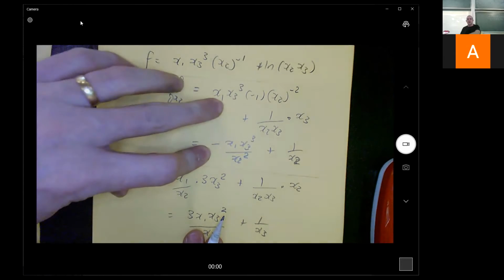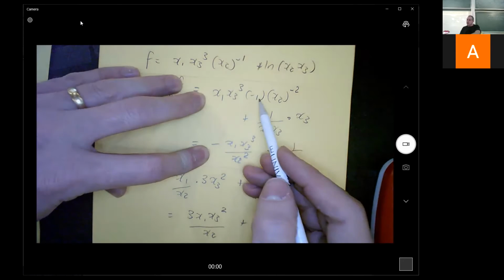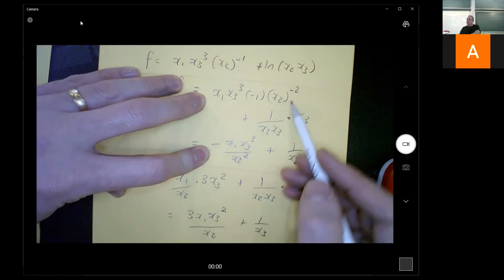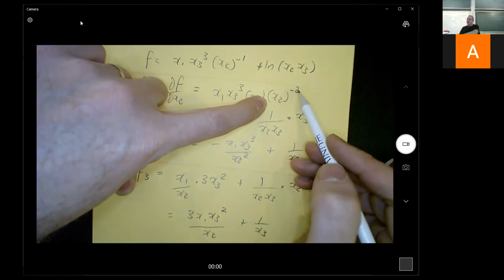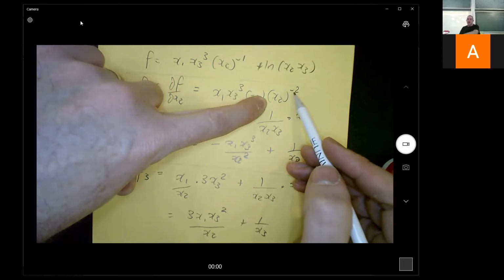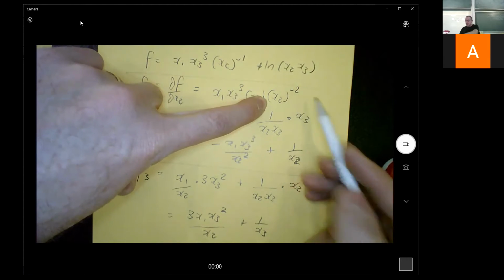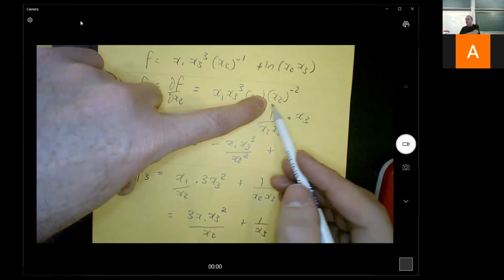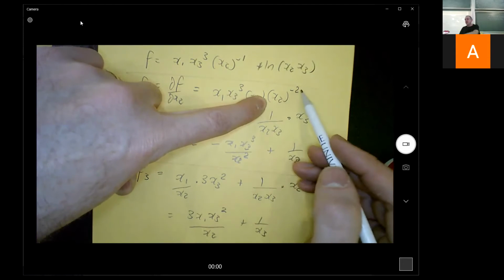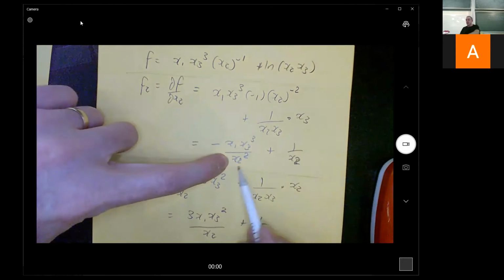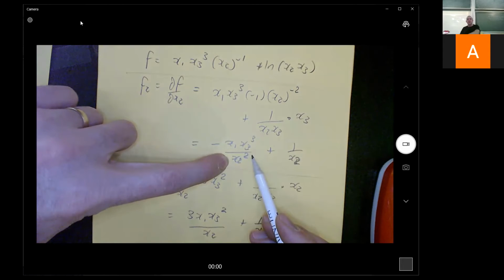Oh, here. Yeah. So this is all multiplied together. And x2 to the negative 2 is the same as 1 divided by x2 to the plus 2. Oh, okay. And so, yeah, multiplying by something to the power of negative 2 is the same as dividing by that thing to the power of positive 2. Okay, yeah.